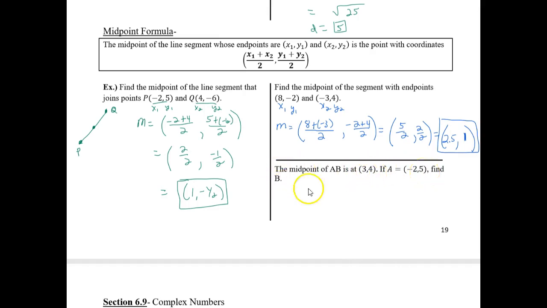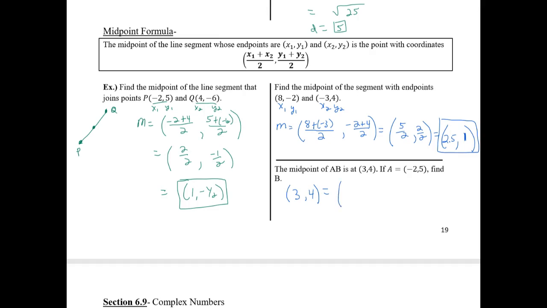We don't know the other endpoint. So we're going to plug in what we do know from our equation, or from our points here. So the midpoint itself is 3, 4. So we know the answer to simplifying that formula above.